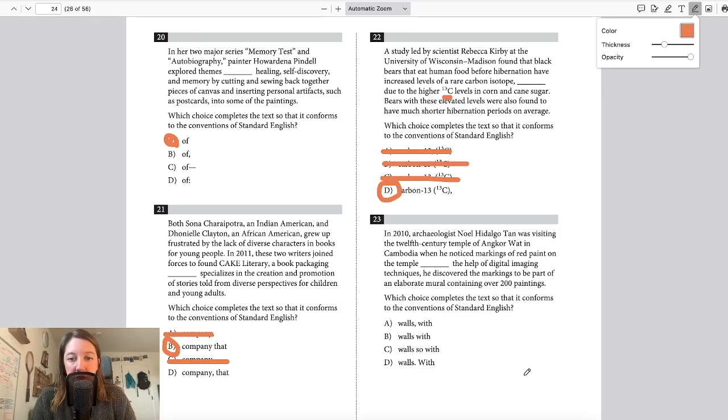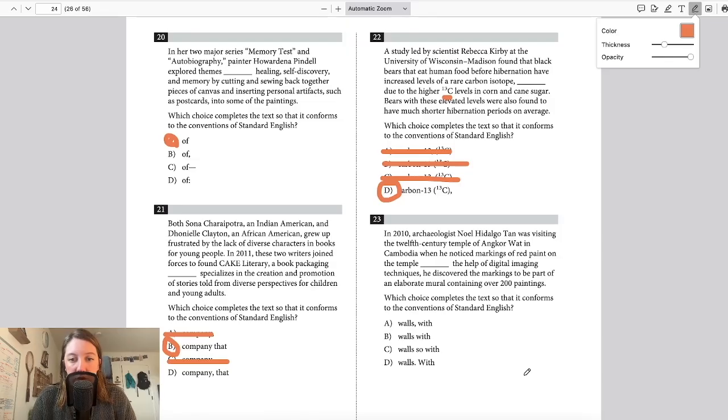Great. Okay. Number 23. In 2010, archaeologist Noel Hidalgo Tan was visiting the 12th century temple of Angkor Wat in Cambodia when he noticed markings of red paint on the temple blank. With the help of digital imaging techniques, he discovered the markings to be part of an elaborate mural containing over 200 paintings. Cool.